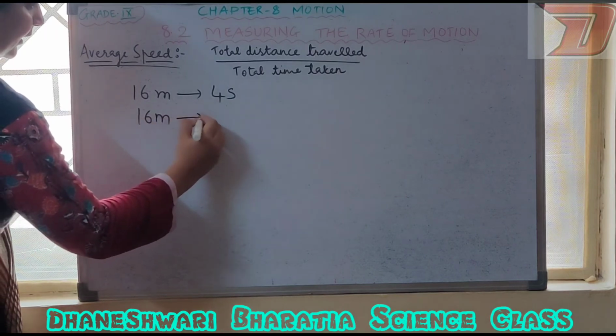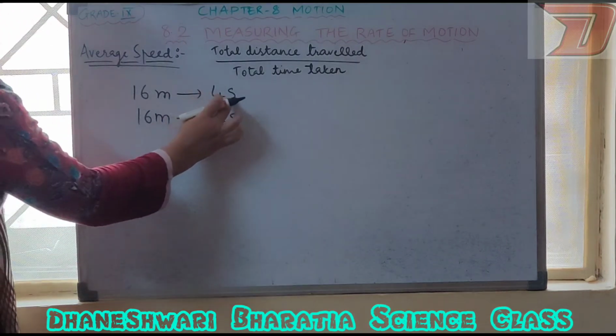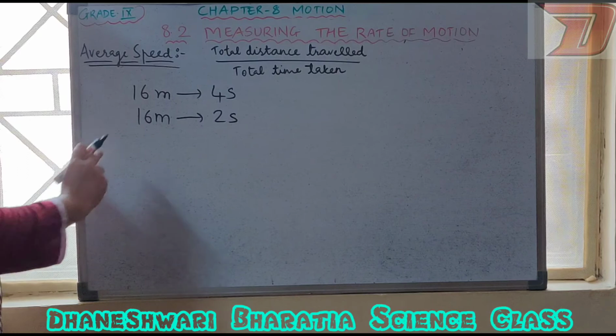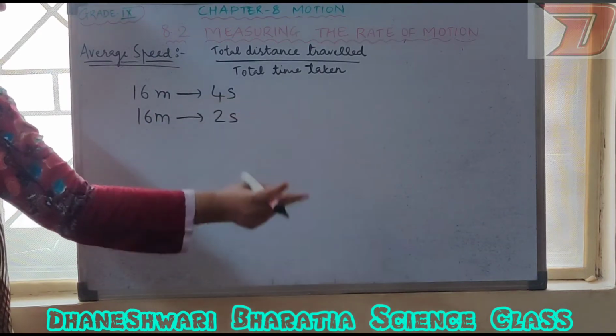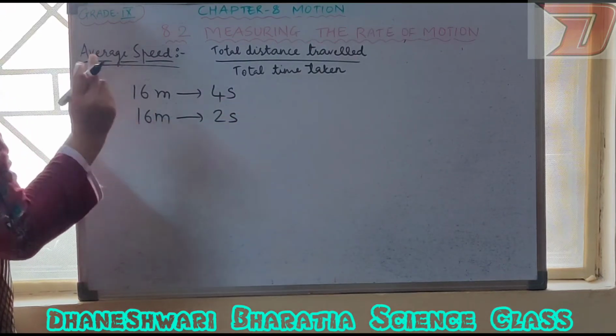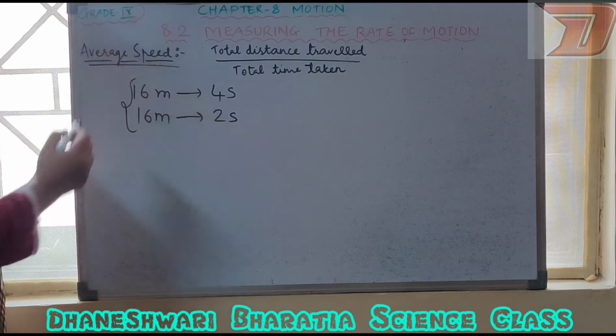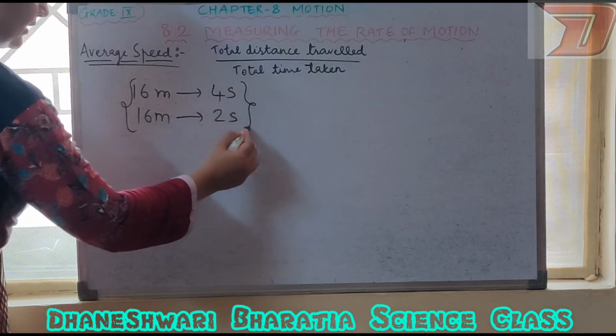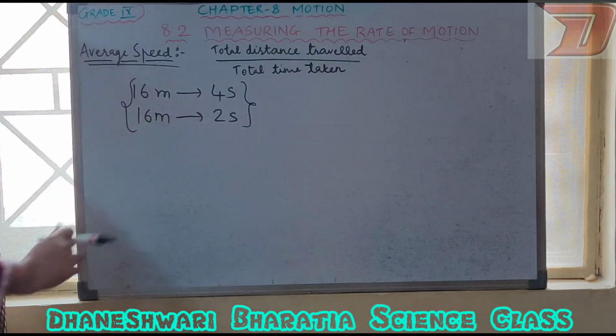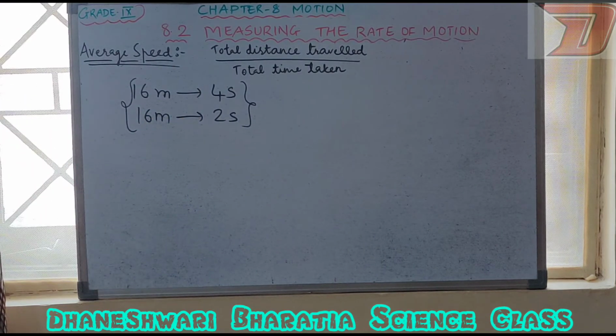In the first 4 seconds it travelled 16 meter and in the following 2 seconds again 16 meter distance is covered. So here in this case, how to find the speed? So what do we have to do? First we need to add the distance, then we need to add the time, and then we have to do the division. Am I clear?